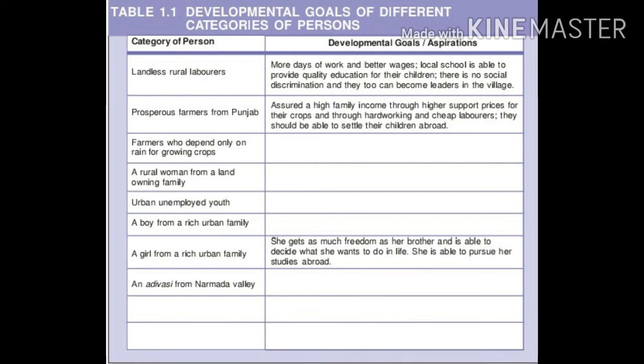This is a serious problem of the urban unemployed youth, because we see a day to day increase in population, even in the educated population in urban areas, and if our country is not able to provide jobs for these educated people, it will definitely create a huge burden on the nation.